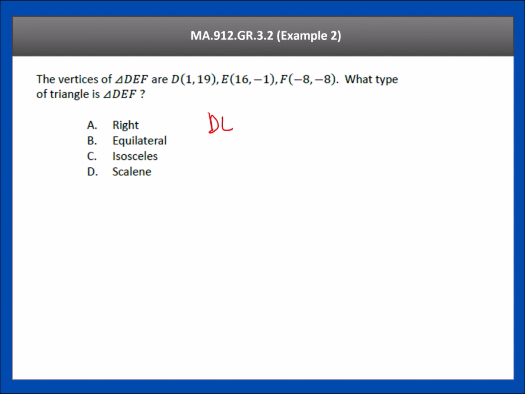Let's calculate DE. Remember that the distance formula is the square root of x2 minus x1 squared plus y2 minus y1 squared.